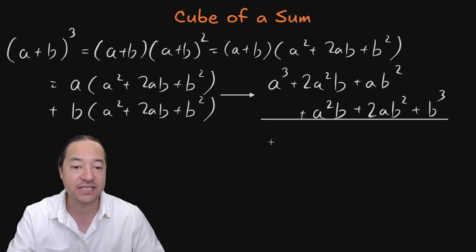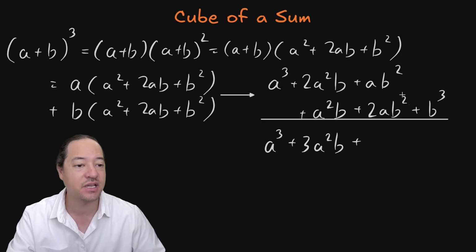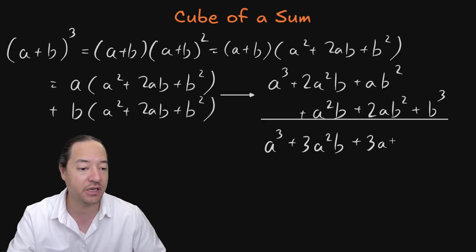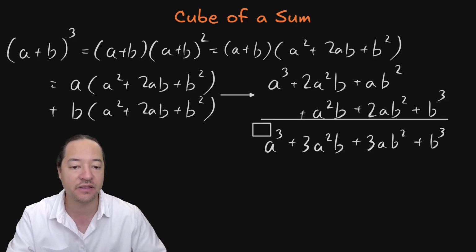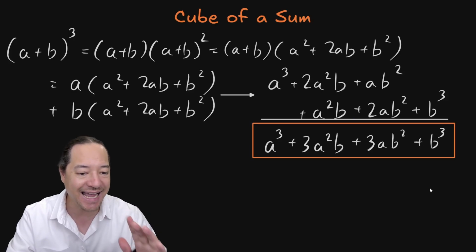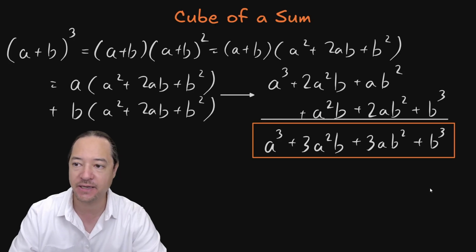Well, in this case, a cubed plus, looks like this is 2a squared b plus 1a squared b. That's going to be 3a squared b plus, well, it's the same thing, 1ab squared plus 2ab squared. That'll be 3ab squared. And then we have a final b cubed. This then is actually the formula for what we get here.